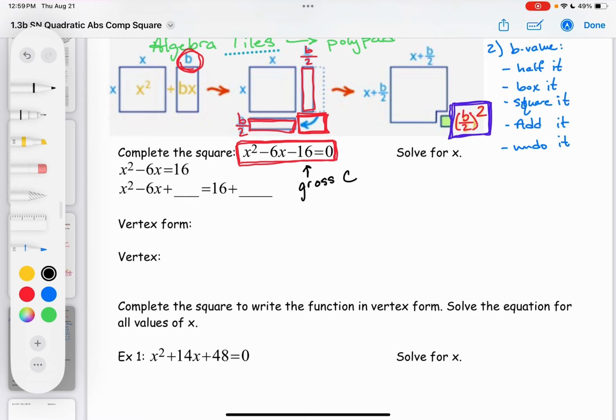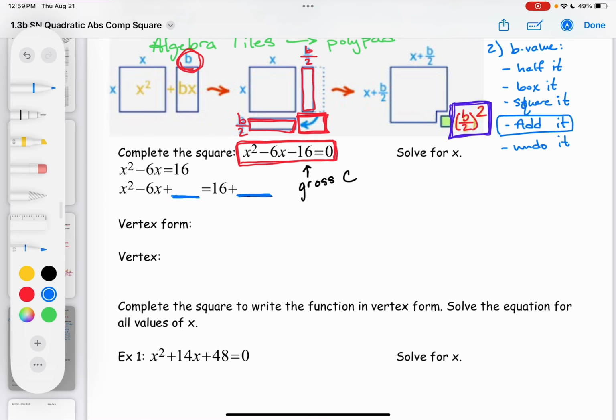And that leaves this vacancy right here. The rule, when you're completing the square, is you don't want to change the value of the overall function. So whatever number goes in that blank, I need to actually add to both sides, and that's where the add it step comes in.